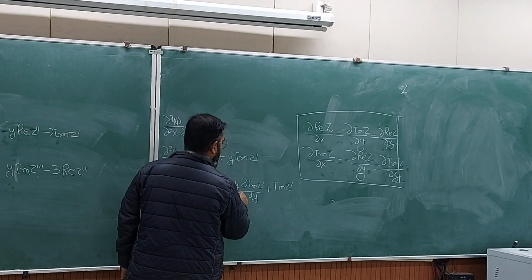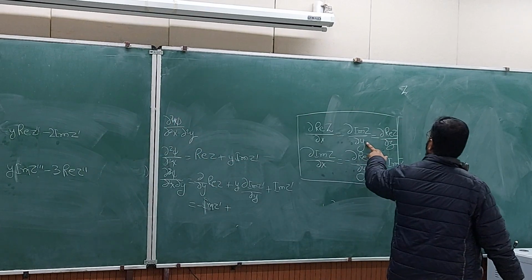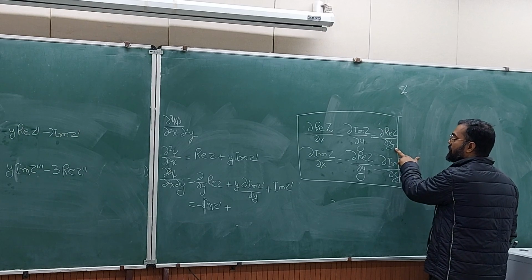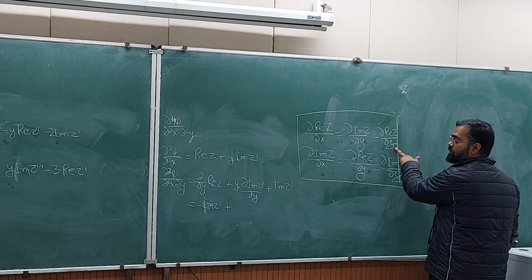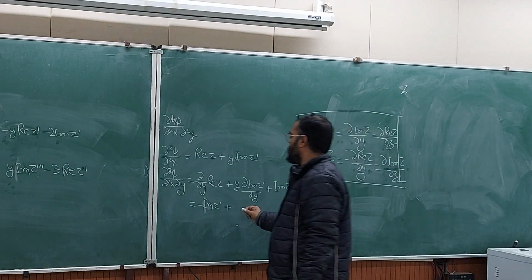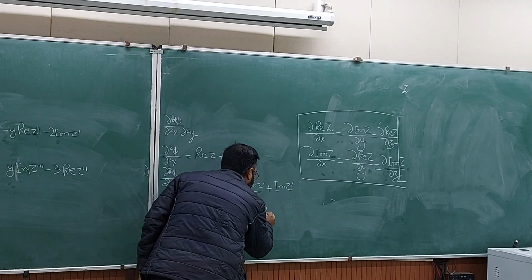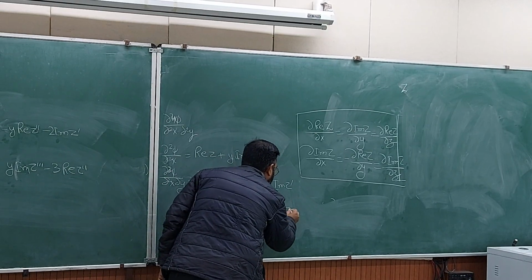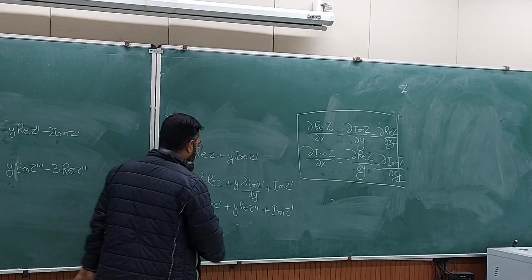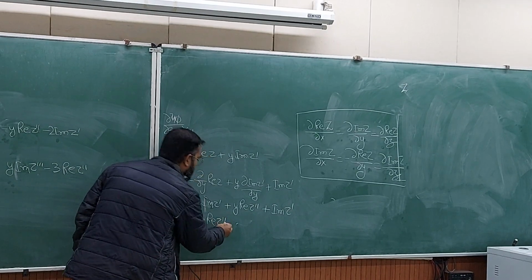Plus now del y of imaginary part of this thing is equal to the derivative of the real part with respect to z, so real part of z double dash. So y into real part of z double dash plus imaginary part of z dash. Okay, so this cancels. Yes. So then we are getting y real part of z double dash.